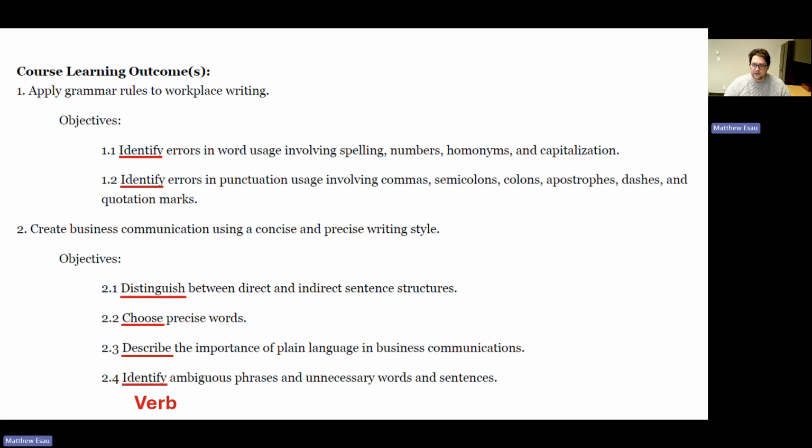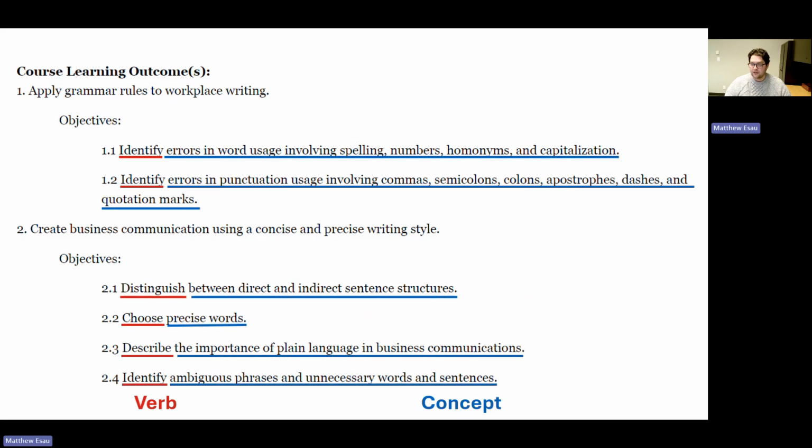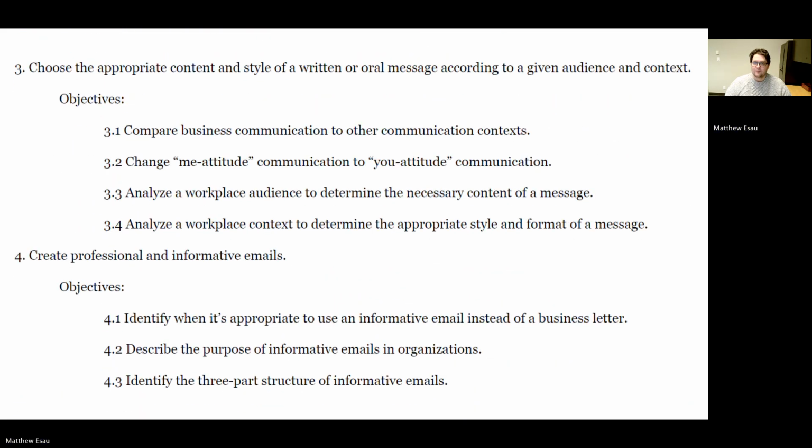So this first word in the objective gives us a lot of tips and clues about how we're going to use the information. The format is going to be this verb, this action word, followed by a concept.